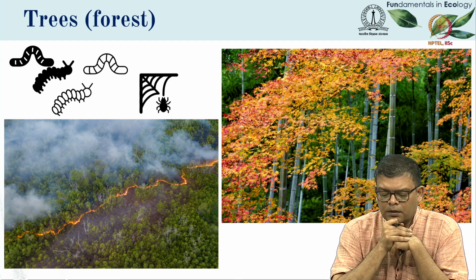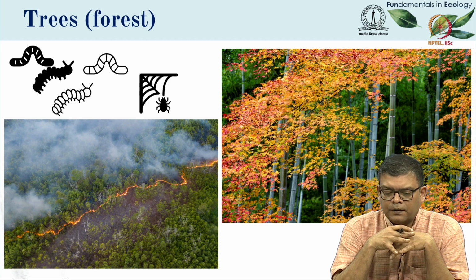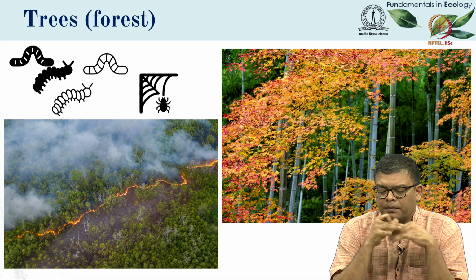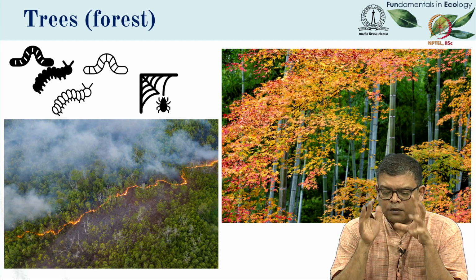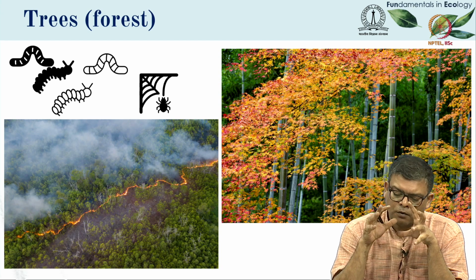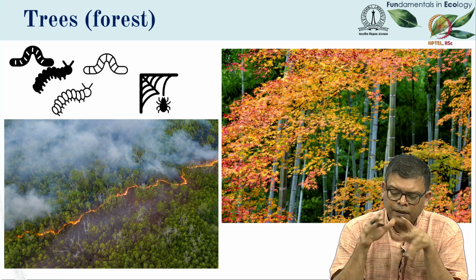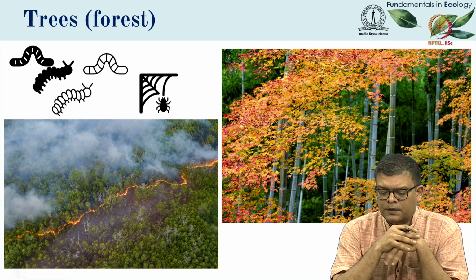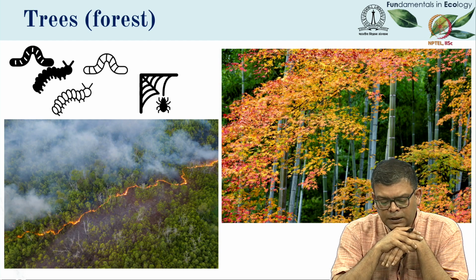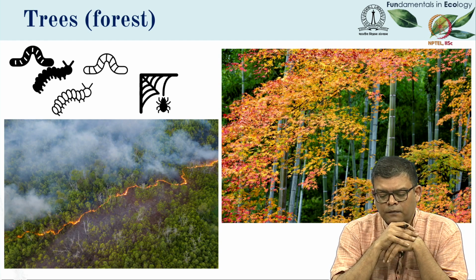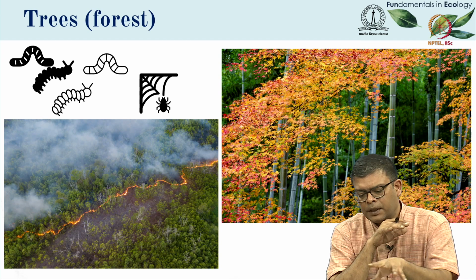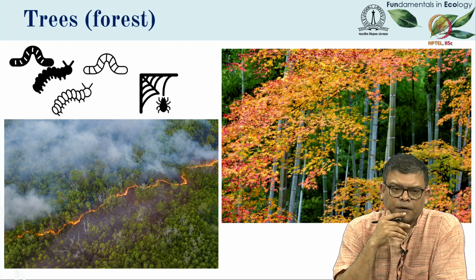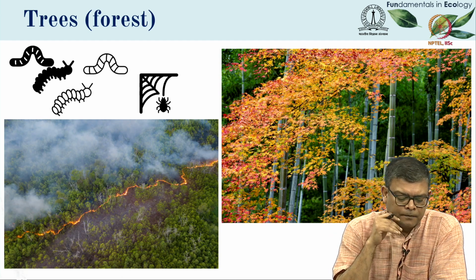One important thing about trees and forests is that they are made up of wood, their structure is such that they are made up of molecules that are very large polymers, and these properties make trees very difficult for animals to eat. Although there are a lot of animals in the forest, the material that the trees are made up of is not very digestible.